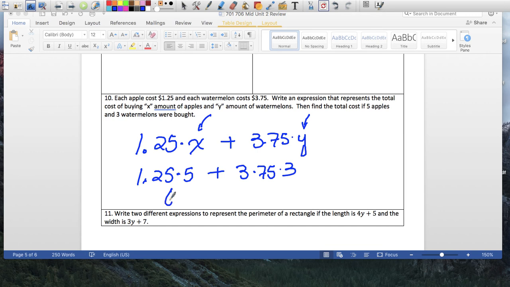And this is going to be 6.25. And you bought 3 watermelons. And times 3.75. That gives you 11.25. And to find the total cost, you add both, and you get that your final price was $17.50.